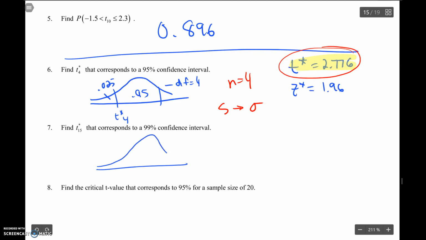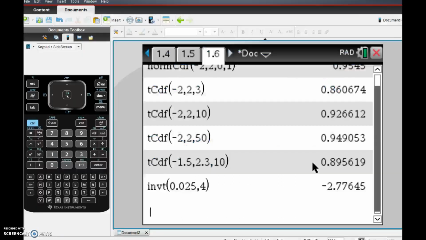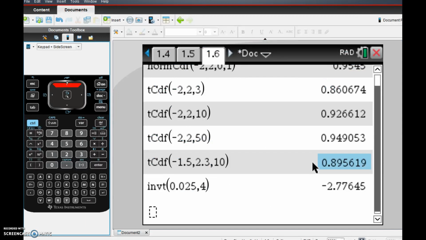99% confidence with 15 degrees of freedom. 99 in the middle, 1% on two tails. 0.005 on one tail. Now we have degrees of freedom equal to 15. So t15 crit. See, once you know how to do one, they're all kind of the same.